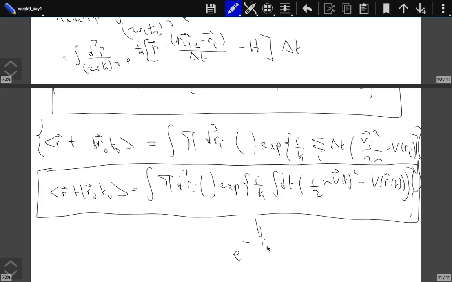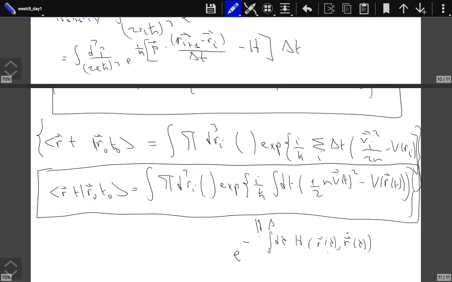Or not h times beta, but the integral from 0 to beta of the Hamiltonian evaluated at r of tau, r dot of tau. The crucial thing is e to the power minus. It's not oscillatory, it is real. And the path that minimizes h, that's the ground state, contributes the most.